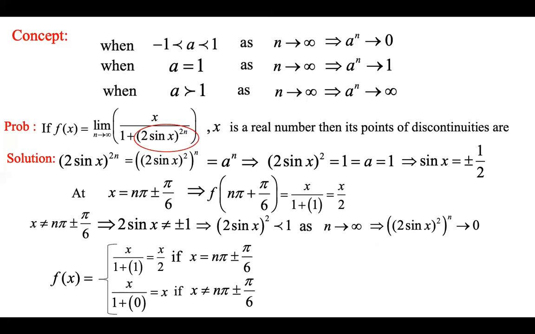So definitely this function is discontinuous at all the points of the form nπ ± π/6, right? Because it is discontinuous there, it cannot be differentiable, all right? And at all other points it is continuous and it is also differentiable. That is the conclusion about that problem, right?